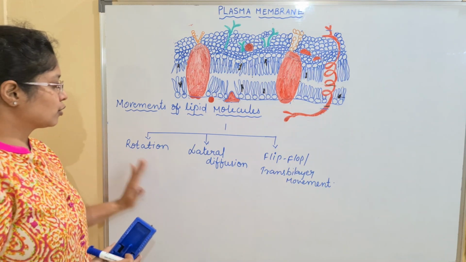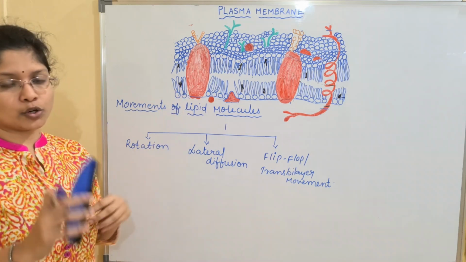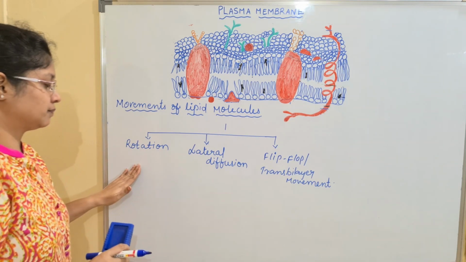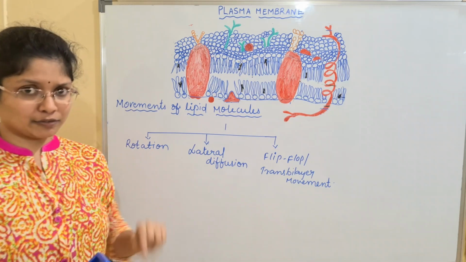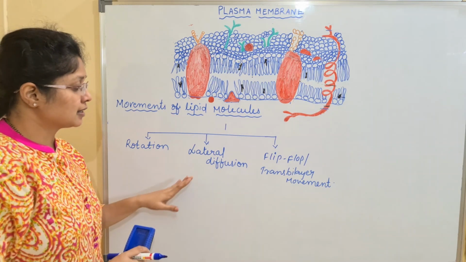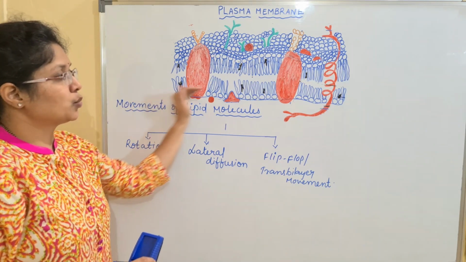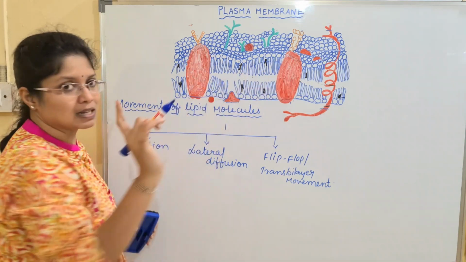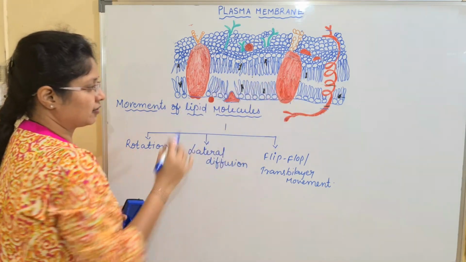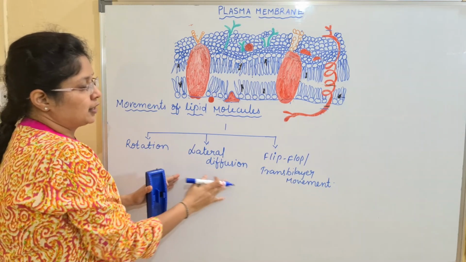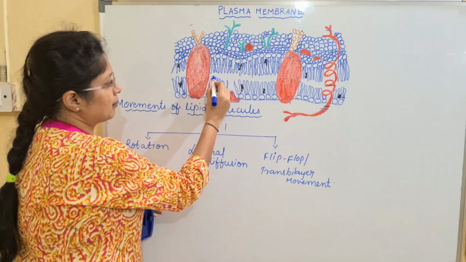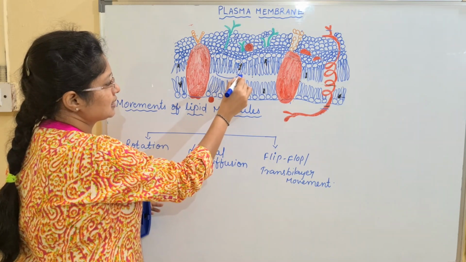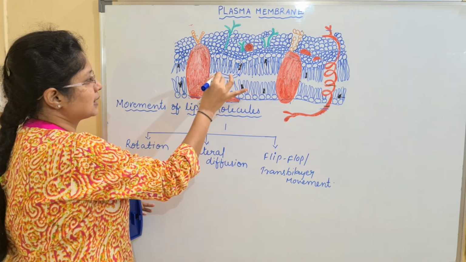So lipid molecules mainly show this 360 degree movement, which is known as rotation. And coming to lateral diffusion. Lateral diffusion mainly takes place in any one of the leaflets. If you observe, this is the outer leaflet of the plasma membrane and this is the inner leaflet. So in the exchange of lipid molecules, one lipid moves from this region to this region, and this lipid molecule in turn is placed here.